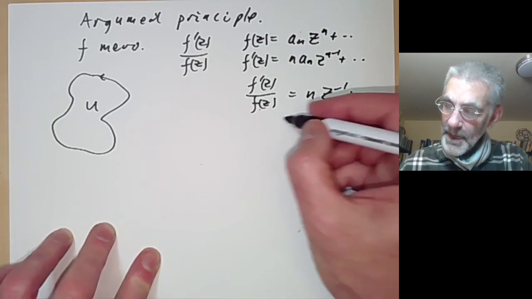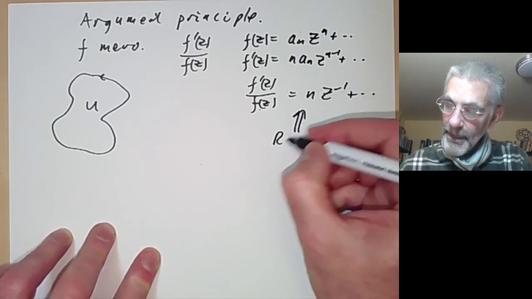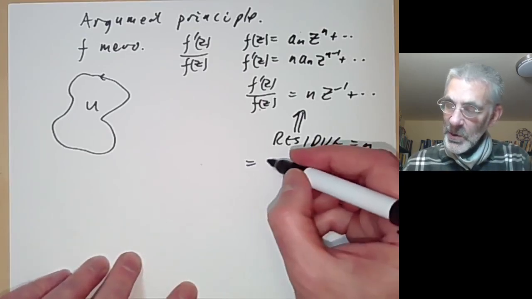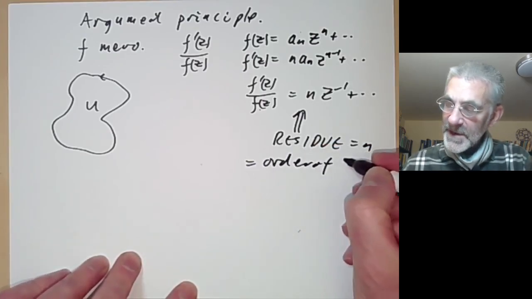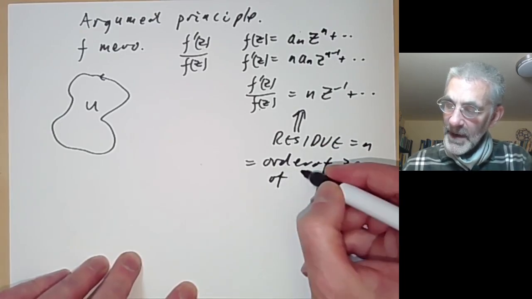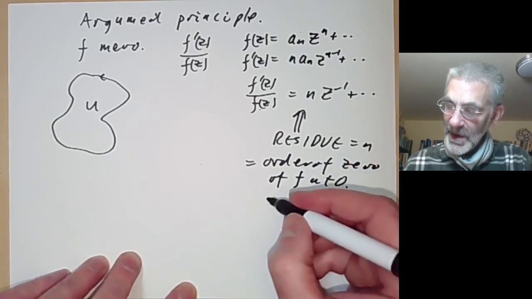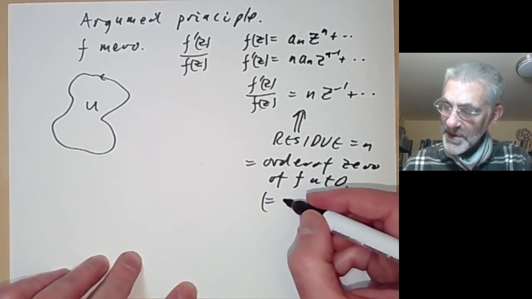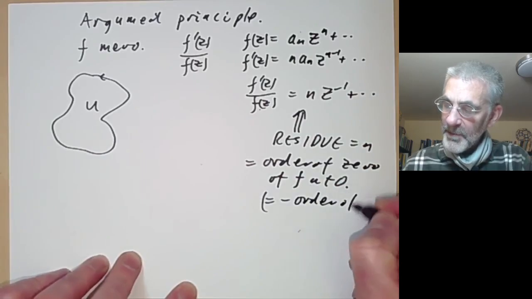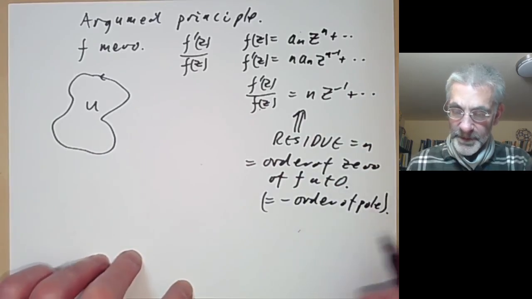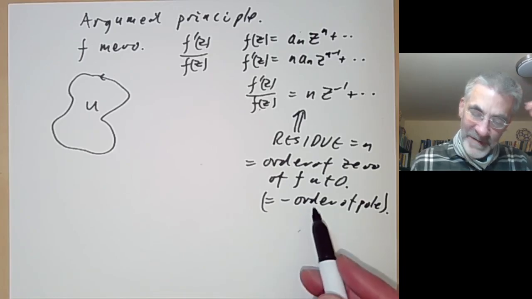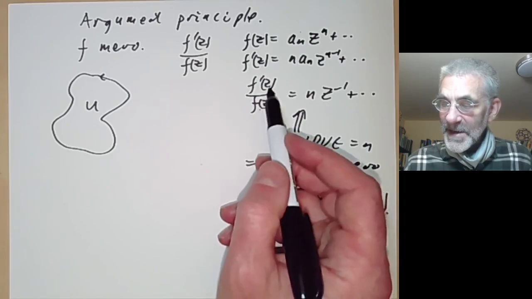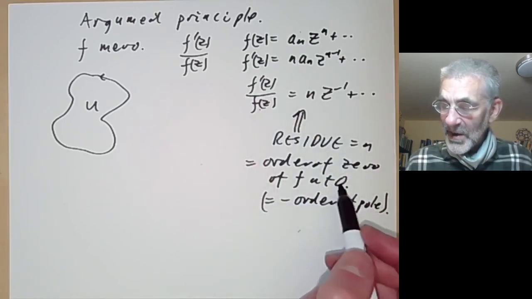And you can see this has a residue equal to n, which is the order of 0 of f at 0. And the order of a pole counts as minus the order of the 0. So this is minus the order of a pole if it has a pole. So poles should be counted as zeros of negative order. So the residue of this at 0 is just the order of the 0 at 0.